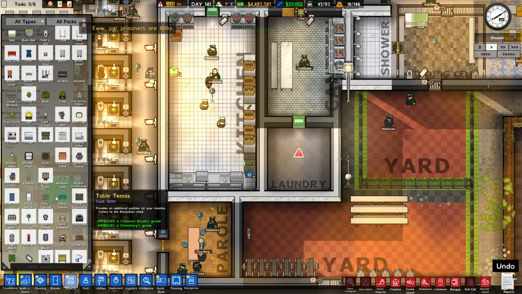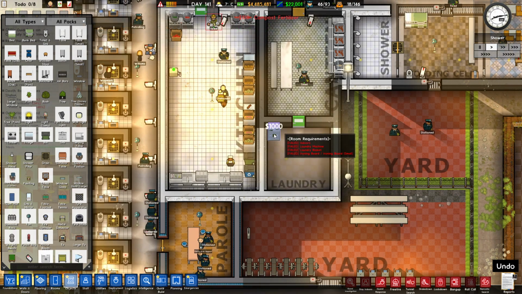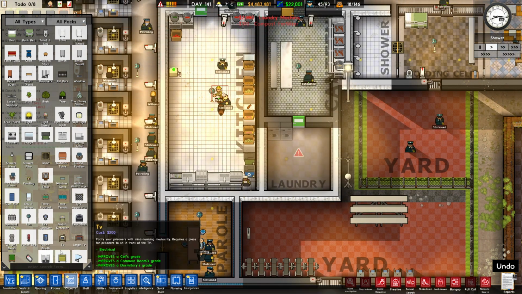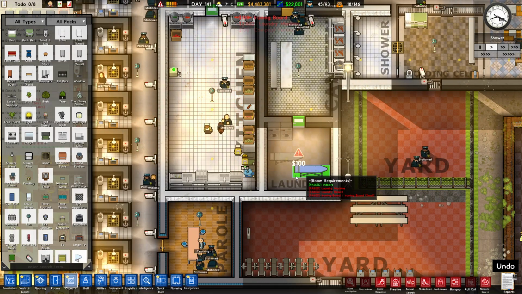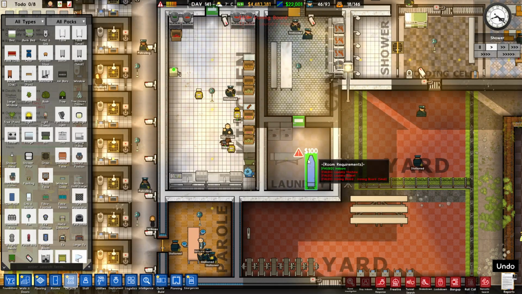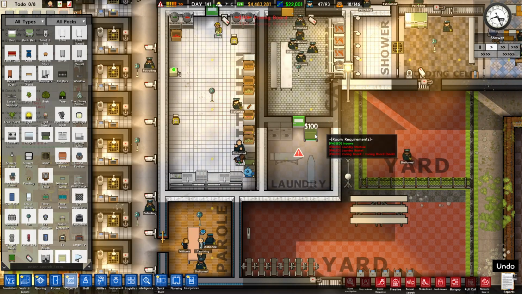There we are. And we want objects. Washing machine. Leave it there, eh? We'll have two of them. We'll have one and one spare. 2 ironing boards should be enough. Can we do it that way around? We'll find out. And 4 baskets.